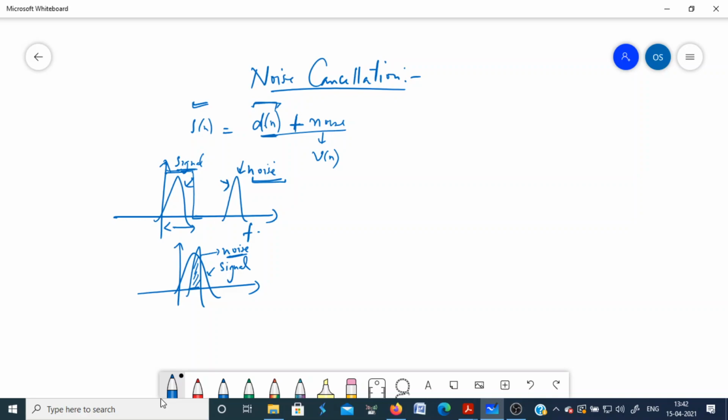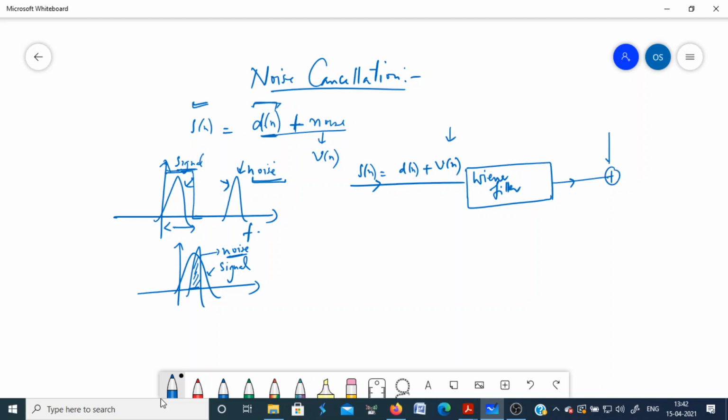So what do you do in this case? You have a reference signal Sn, which is dn, the information, plus vn, which is noise, and this we give as input to a Wiener filter. And then we need here a desired response dn.